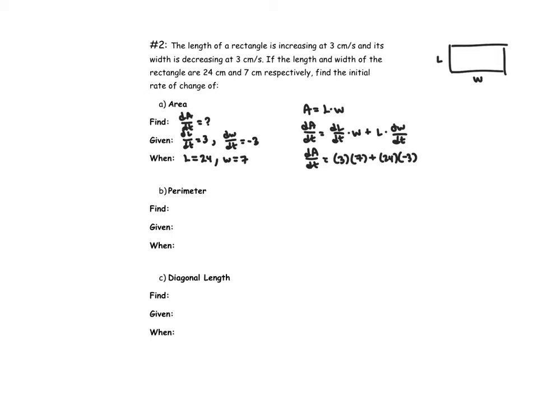As the length increases by 3 centimeters per second and the width decreases by 3 centimeters per second, the area will be changing. I'm going to add these together. That's 21 plus negative 72, which is negative 51 centimeters squared per second.